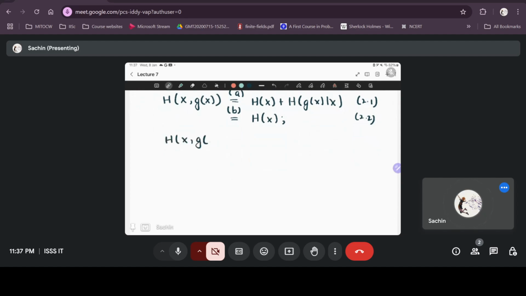Then you can also write h of x comma g of x as h of g of x plus h of x given g of x. The justification for that is c. Then you write this quantity is greater than or equal to h of g of x. And the justification for that is d.